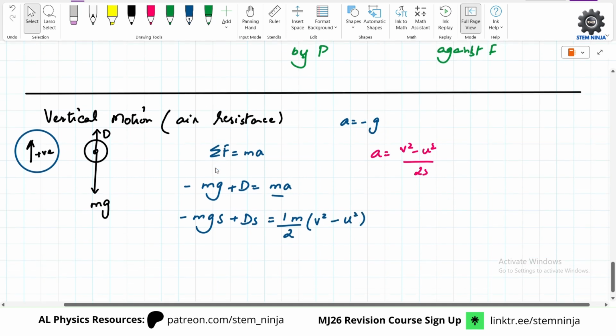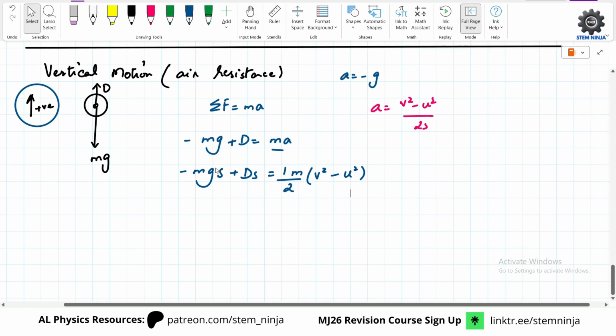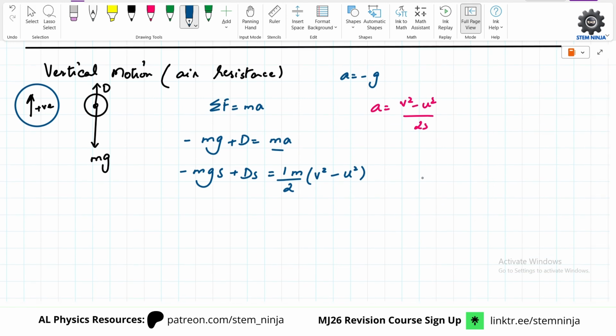Now this is the general form. This needs to be changed before we move forward. This is the first form.